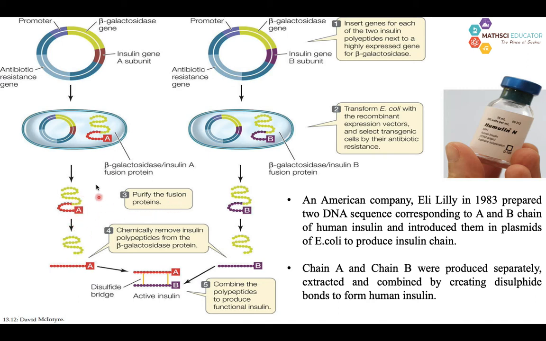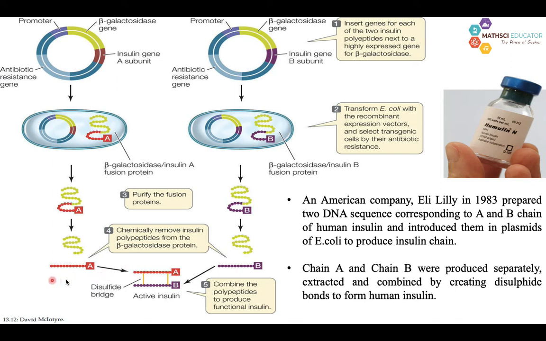उन्होंने क्या किया, ये जो प्रोटीन जो culture media में produce हुआ है उस प्रोटीन को उन्होंने purify कर लिया from the culture, and chemically remove the insulin polypeptide from the beta galactosidase protein.